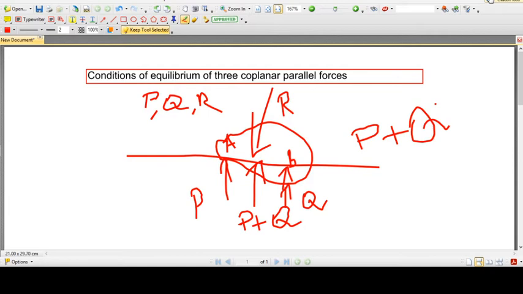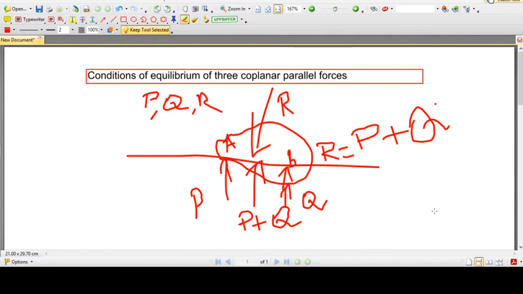But we assumed that P, Q, and R are equilibrium forces. Therefore, R must be equal to P plus Q. Then only is equilibrium possible.